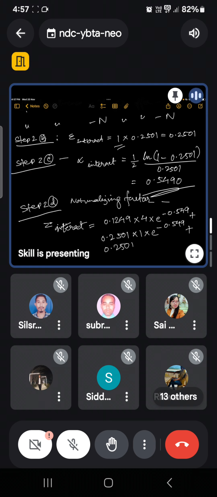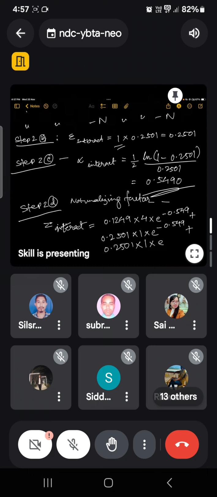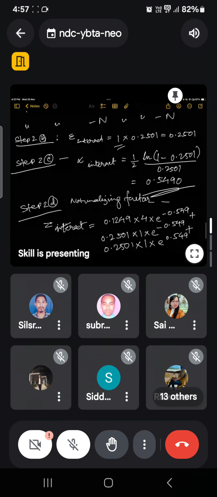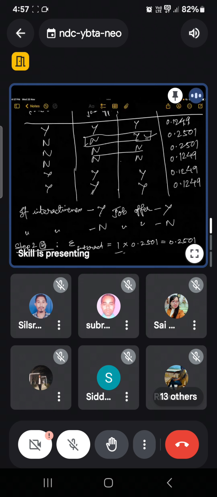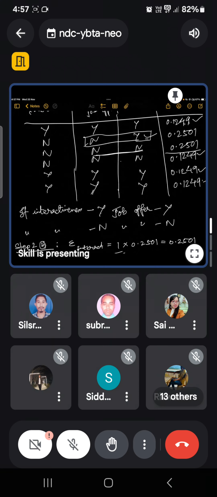So that's why we are writing into 1. Both no and no were there, so that's why we are classifying it as a correct instance, and these 4 are already correct, and this one is the only incorrect.